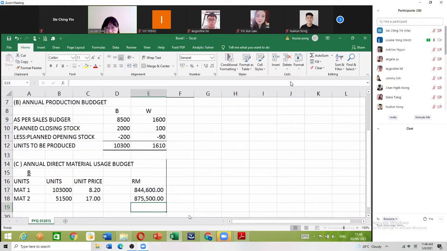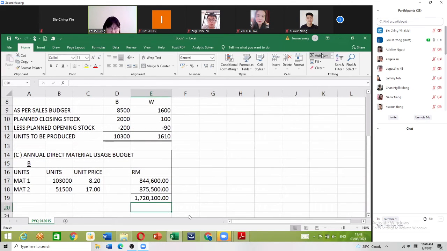Then total up. This is for B. Then do the same thing for W. For W, how many units of material are used?